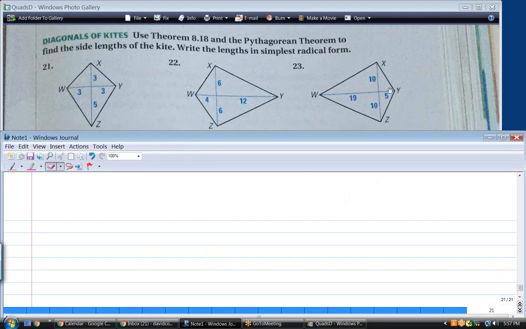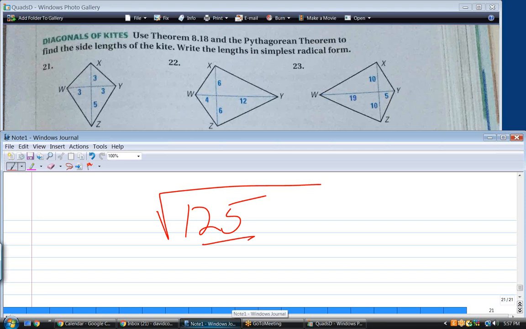So what's XY? That would be the square root of 10 squared plus 5 squared. So that'd be 125. Is it divisible by 4? No. Divisible by 9? No. Divisible by 16? No. Is it divisible by 25?